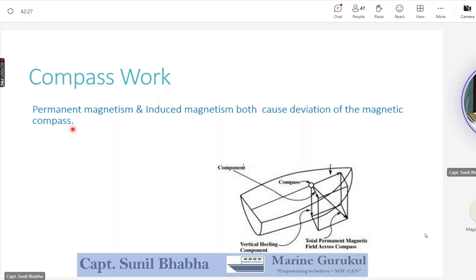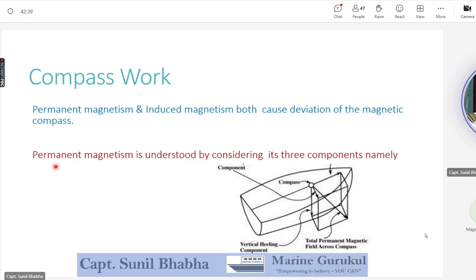But if you have the magnetism of the ship, permanent or induced, it will disturb our compass, and that disturbance is known as deviation. The permanent magnetism can be easily understood by breaking it up into three components. That is the P component, which is in the fore and aft direction, the Q component, which is in the athwartship direction, and the R component, which is in the vertical direction. Once you understand these three components of the permanent magnetism, we can counteract it one by one.